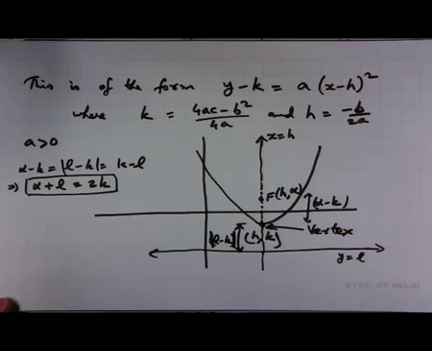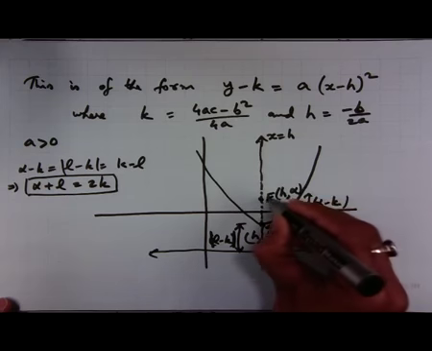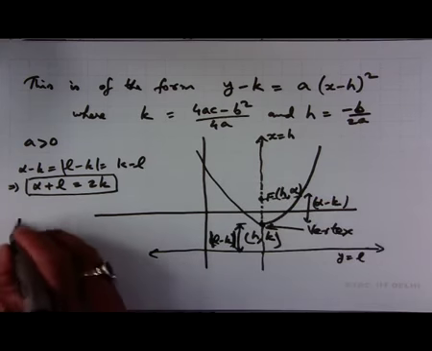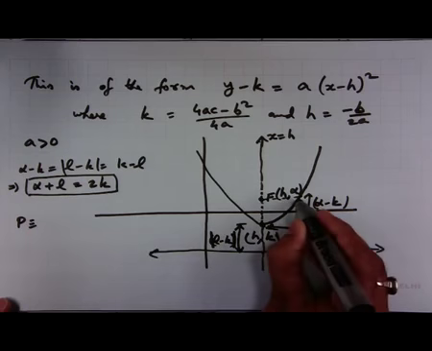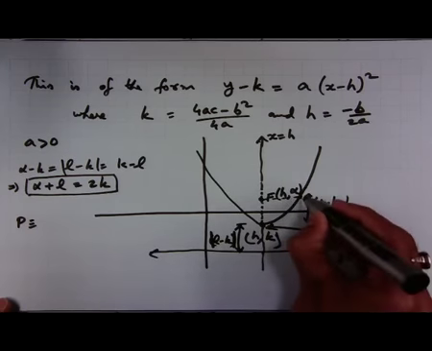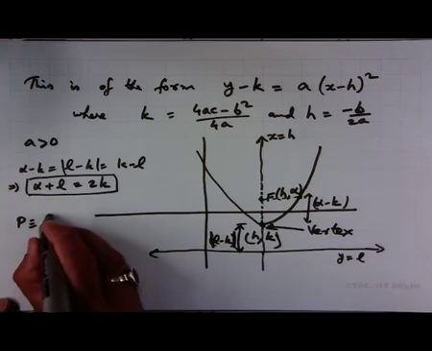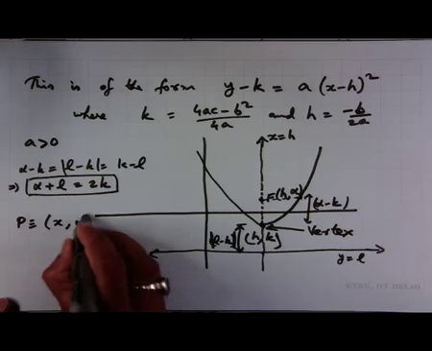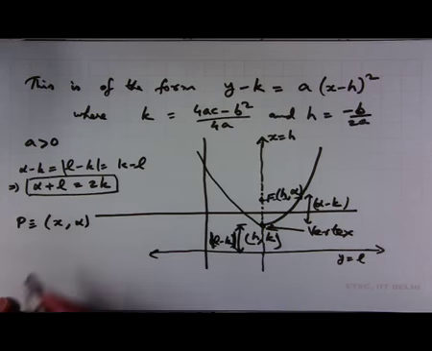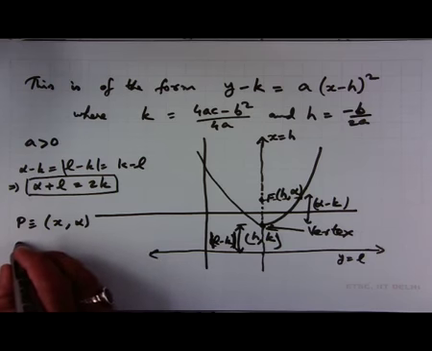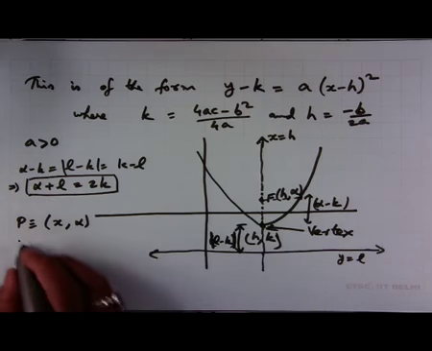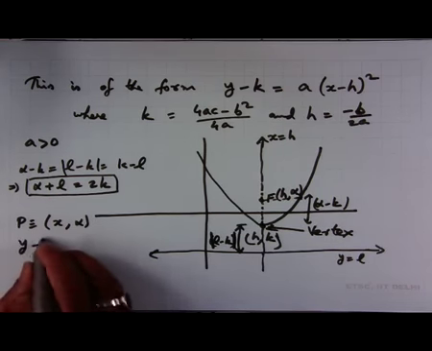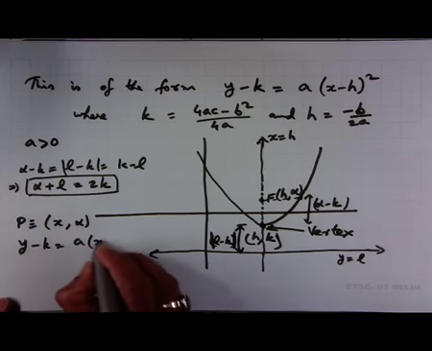And if you take any other point on the parabola, let us say we take the point P, which is some x comma alpha, then we have the equation of parabola, y minus k is a times x minus h squared.